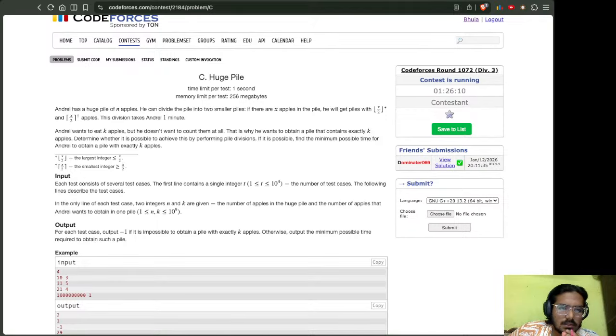He wants to eat K apples, but he doesn't want to count them at all. That is why he wants to obtain a pile that contains exactly K apples.